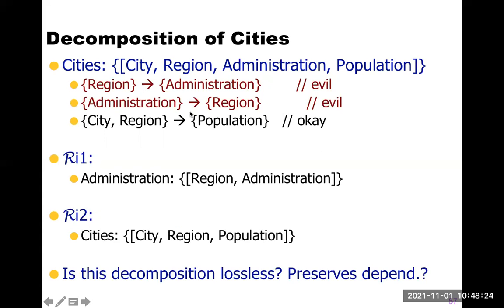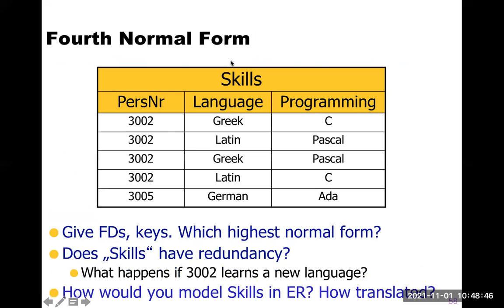So city, region to population: the left part is a super key. Administration to region: region doesn't belong to this set, and administration is not a super key. So that's evil. Region is not a super key, and administration is not part of the region set. That's evil too.